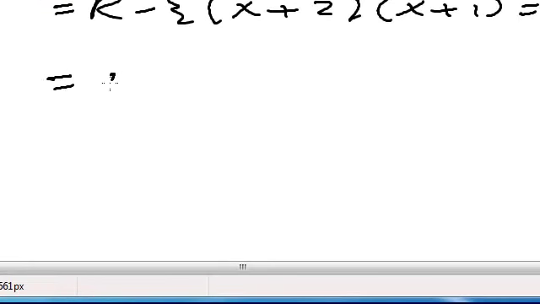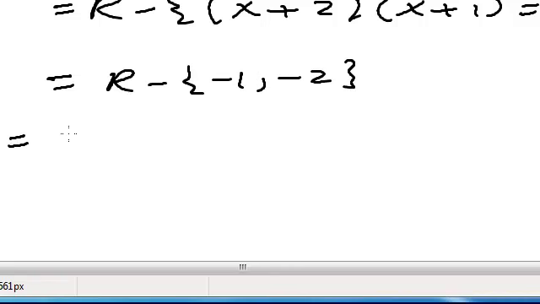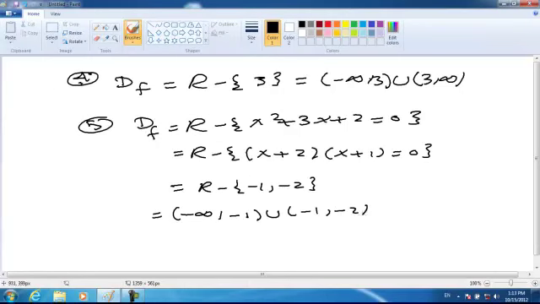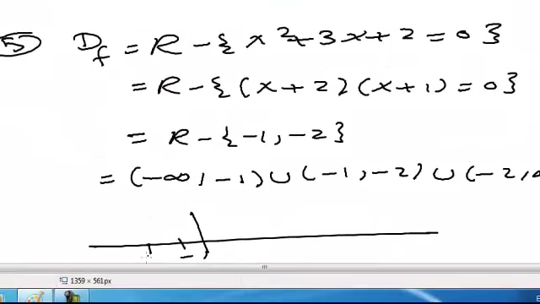Then the domain is R minus minus 1 and minus 2. As notation, minus infinity to minus 2 union minus 2 to minus 1 union minus 1 to infinity.